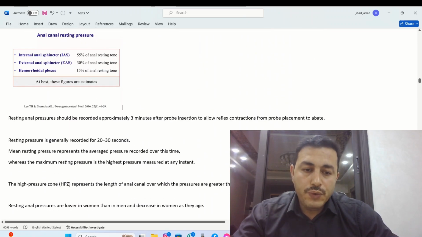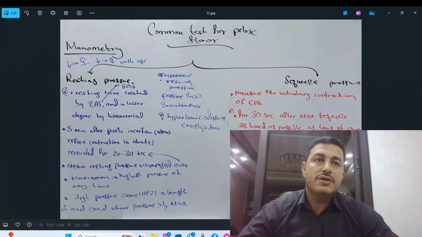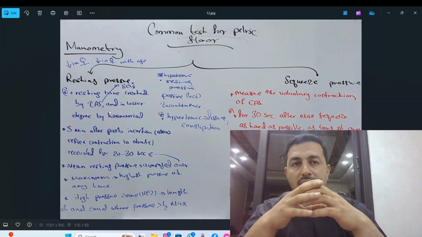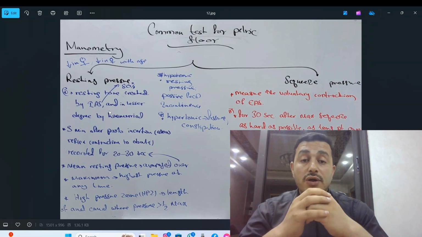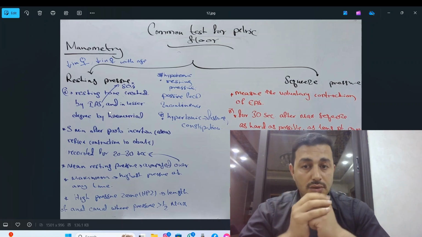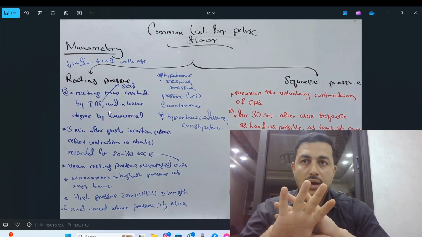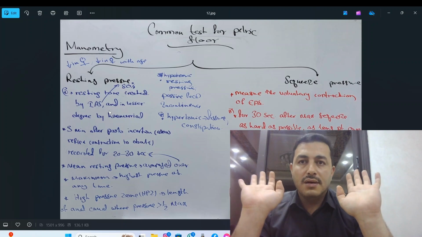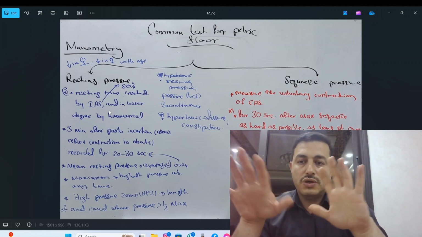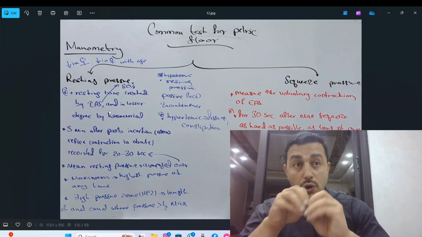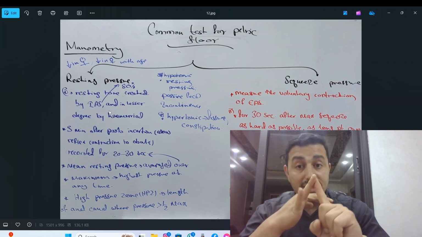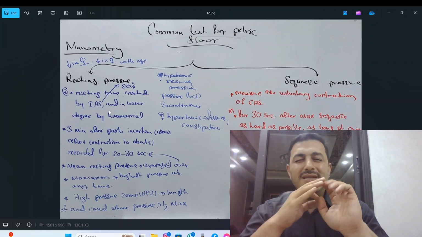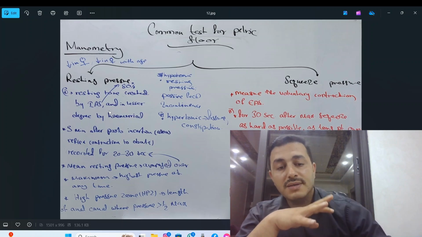First of all, we have to know that the anal canal is in a state of tonic contraction. It is contracted in a normal situation. The resting tone is due to the internal, external, and to a lesser degree the hemorrhoidal plexus.